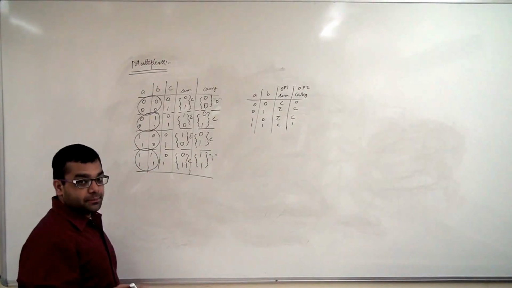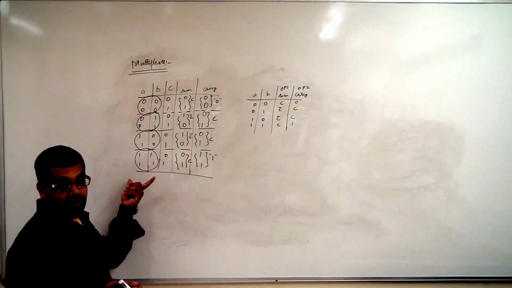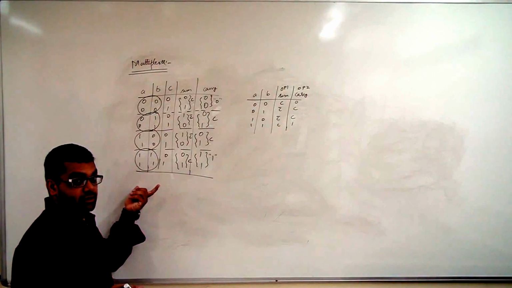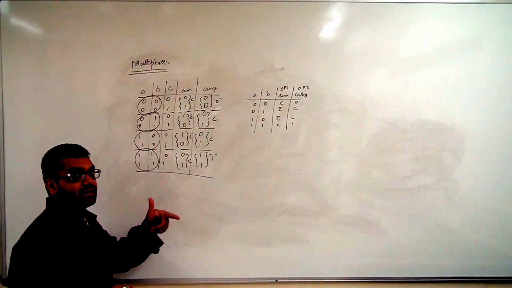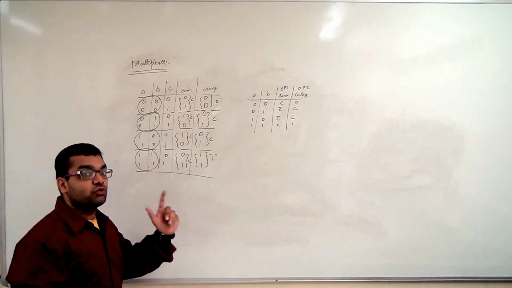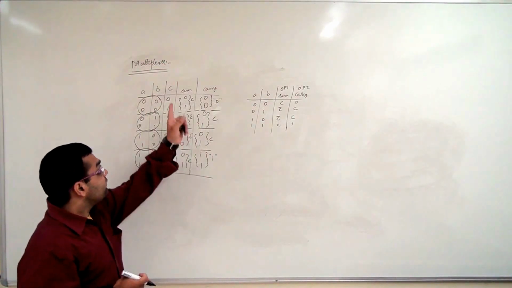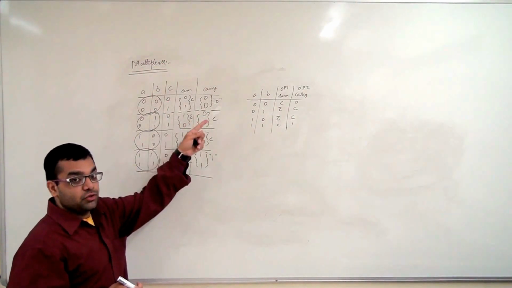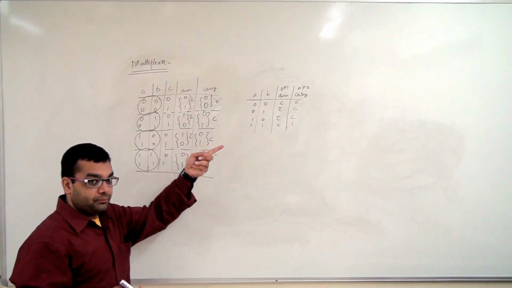Now this is the concept. We had 3 input variables, so our multiplexer size will be 1 less than that. That means we will use 4 cross 1. And the value of the third input we will use to decide the value of the output.